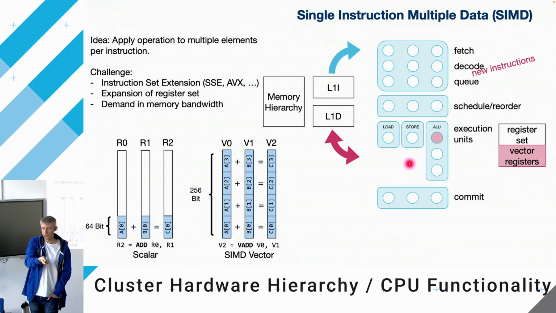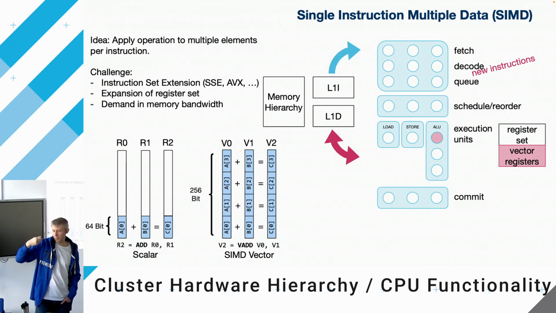For this, we also have to extend our execution units to actually be able to run that many additions in parallel. And we have to extend our memory, because if we now have super instructions that load multiple values from memory, then we don't want to wait for the memory.